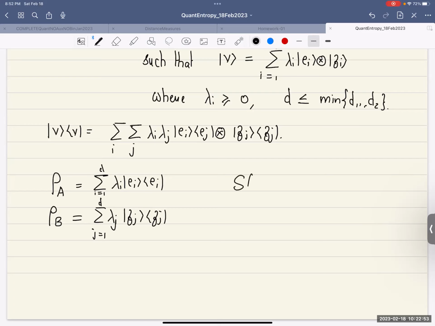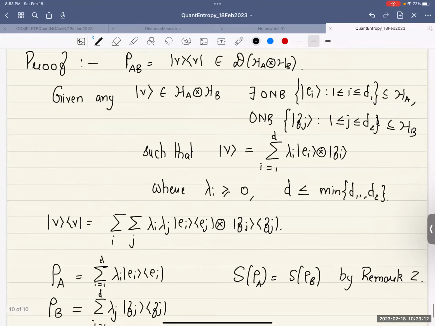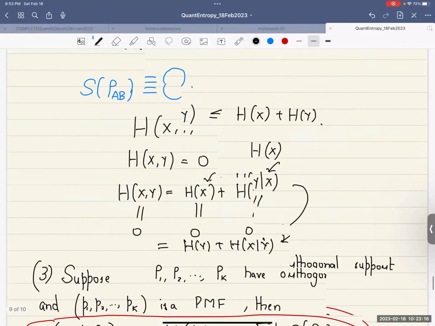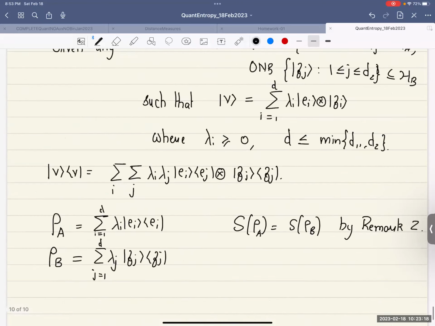So S of rho A equals S of rho B by remark 2. The vectors of eigenvalues are identical. Okay? Clear? So the uncertainty in each component is identical.